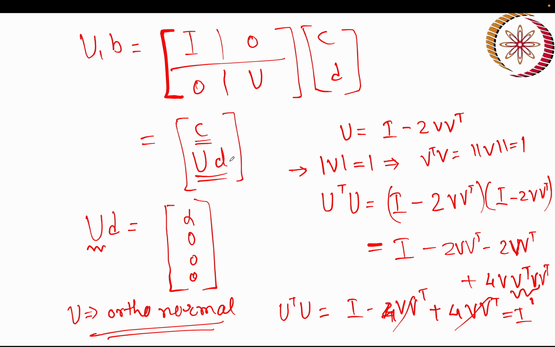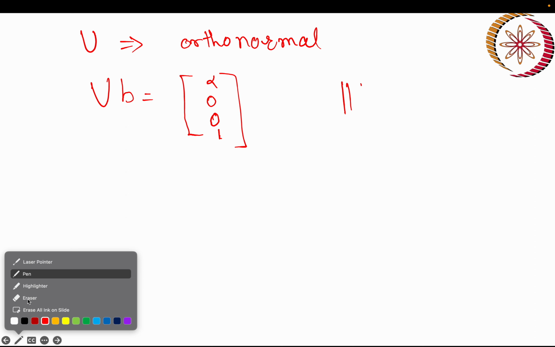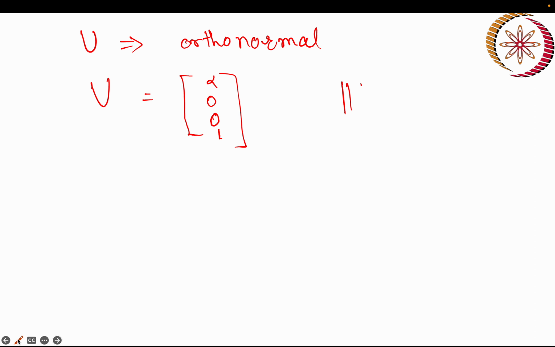We are now at this location, ud. So ud is equal to alpha, so magnitude of d is equal to alpha, and this is also 0. That's how we can find out what should be the value of alpha.